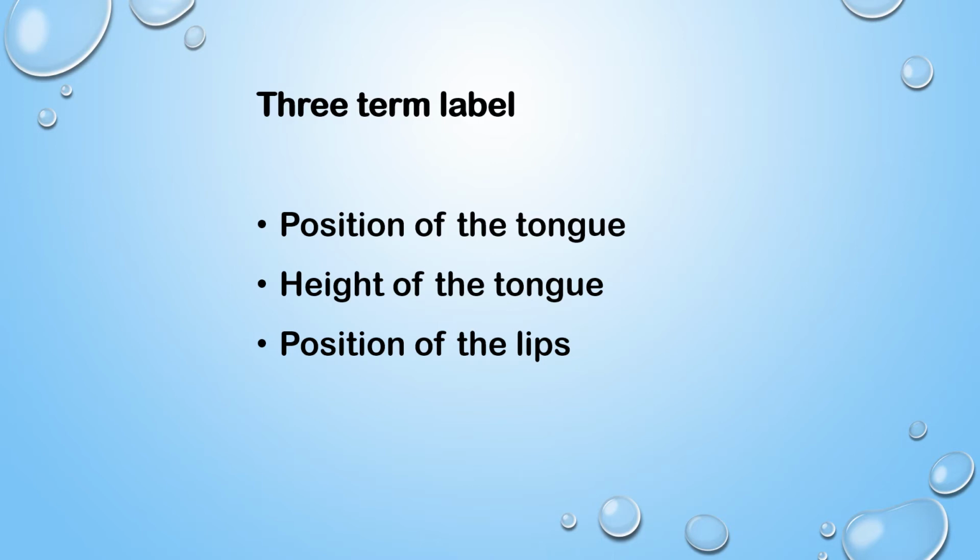Each sound is different from the other. All the sounds are not pronounced in the same way. So to describe a vowel, three criteria are taken into account, and so they are called the three-term label: the position of the tongue, the height of the tongue, and the position of the lips when we pronounce a phoneme.